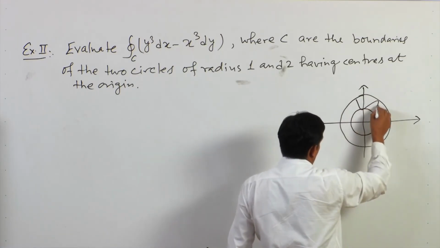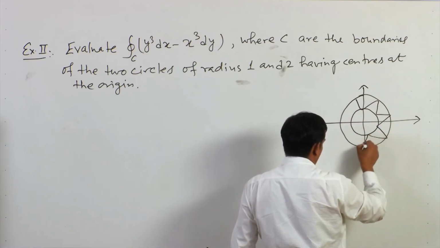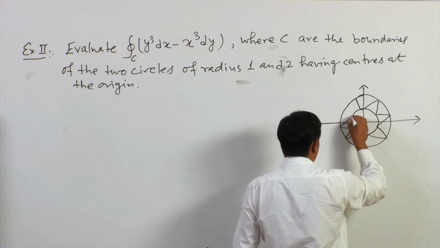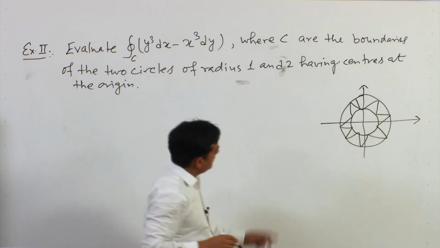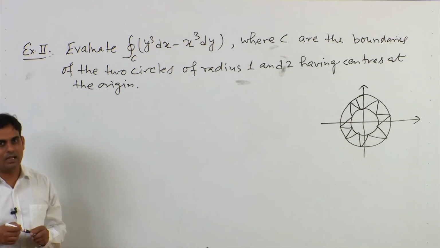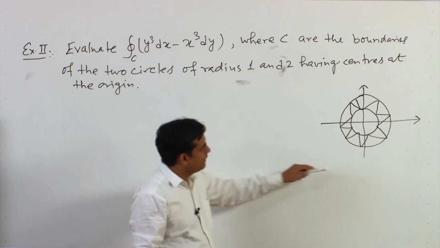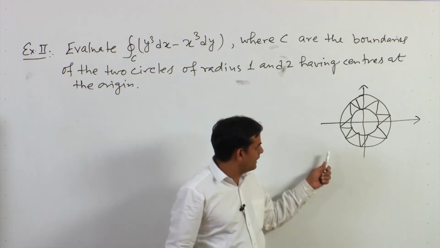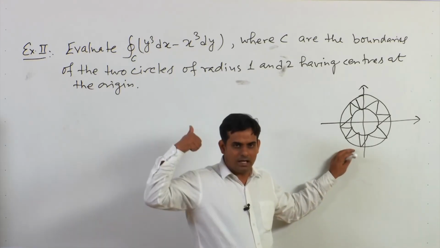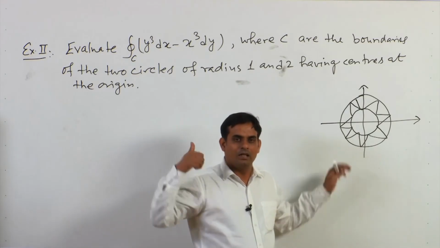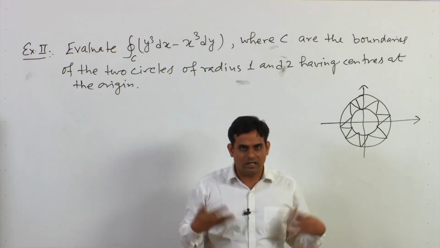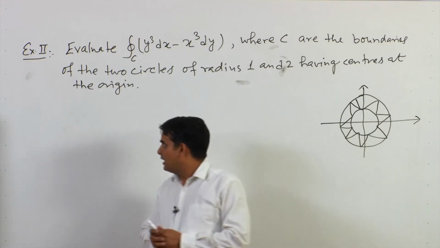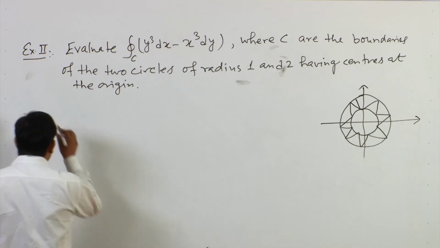This is the region bounded by C, and it is a bit difficult if I calculate this line integral directly using the usual process of calculating line integral. Here I will apply Green's theorem again.